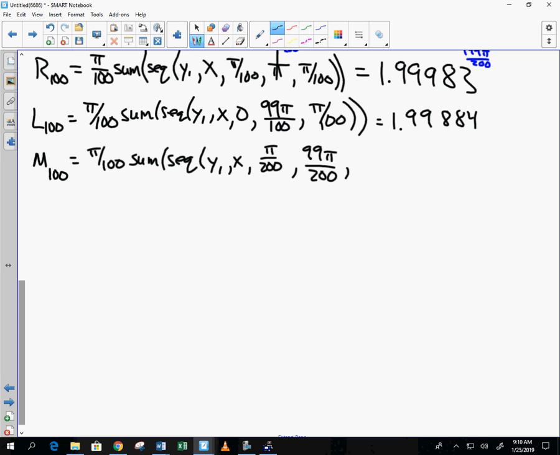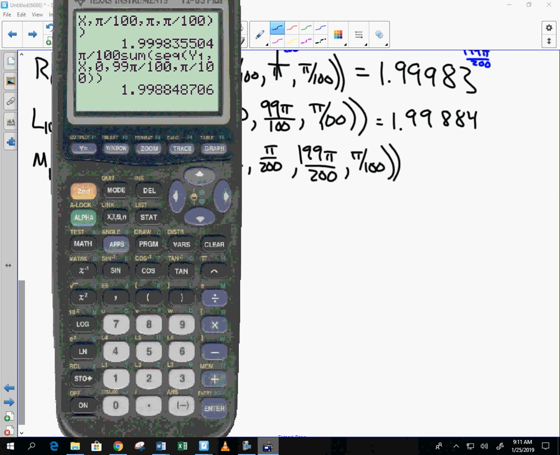But we're doing the midpoint, so it switches to, very good, yep, I'm trying to trick you. The width always stays the same. Oh, 199, yeah, sorry, I jumped ahead.